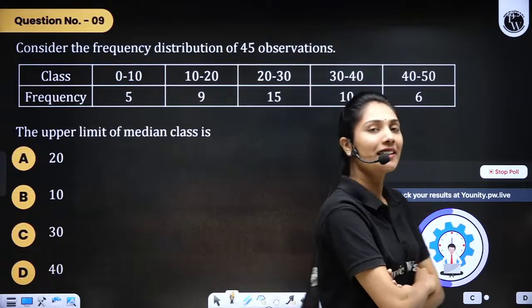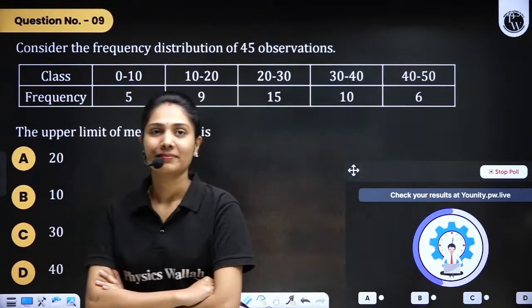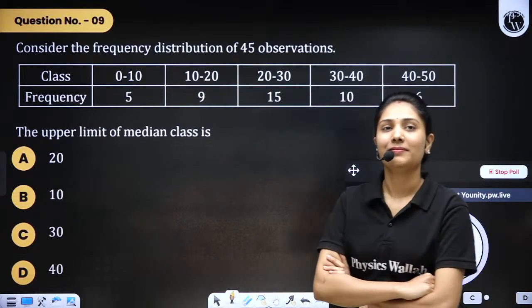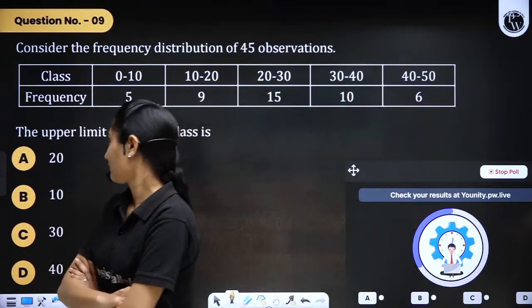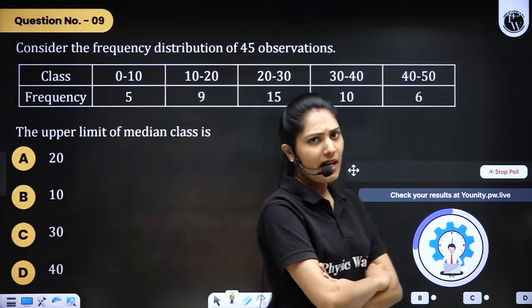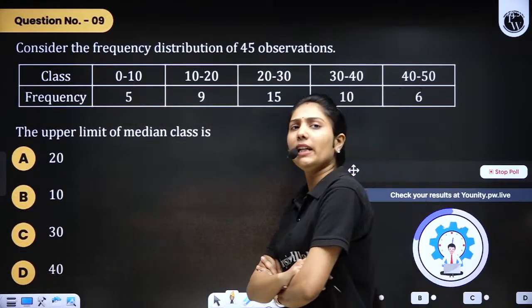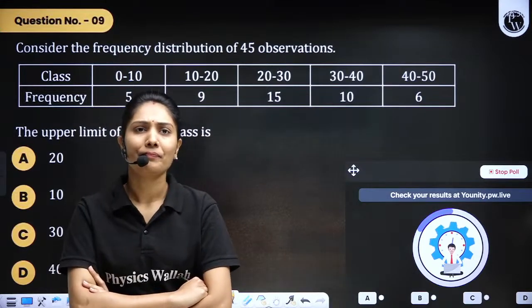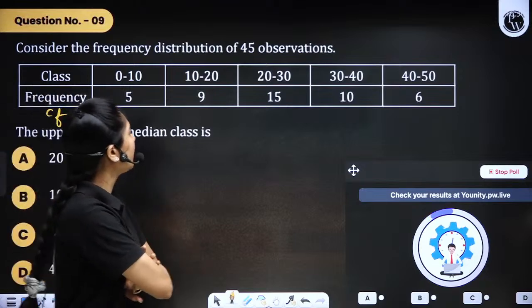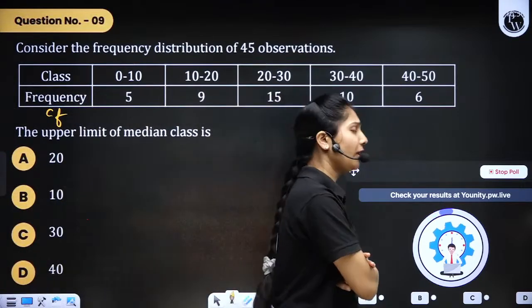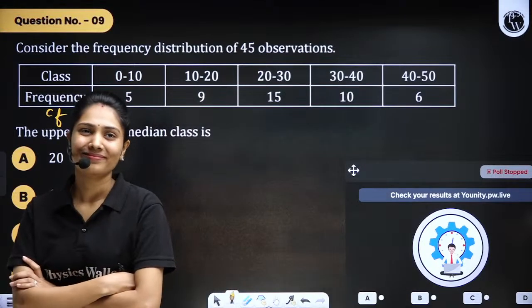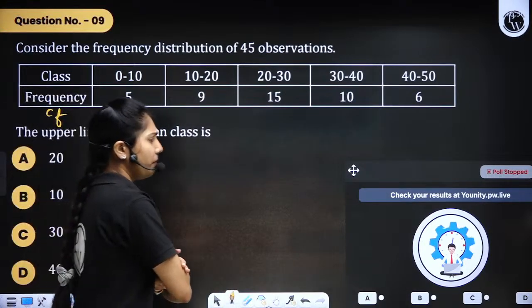So to find the median class, firstly we need to calculate the cumulative frequency. Yes, we need to calculate CF here, and based on that we can calculate the upper limit of median class. We can do it by direct method also, but here we need to check.